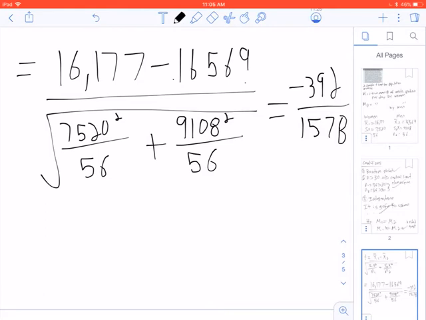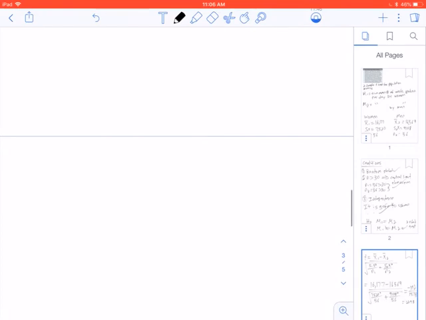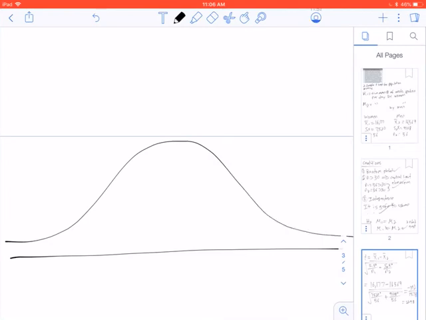Negative 392 divided by 1,578 is equal to negative 0.248. Remember, we are doing a two-sided test, not a one-sided test.